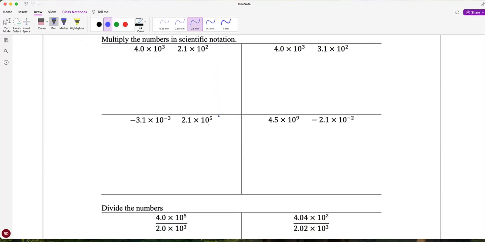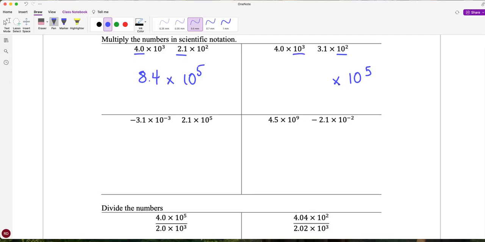So if I multiply these together, 4 times 2.1 is going to be what? 8.4. And then you multiply by 10 a total of 5 times. And the next one, 10 is going to be multiplied by a total of 5 times again.